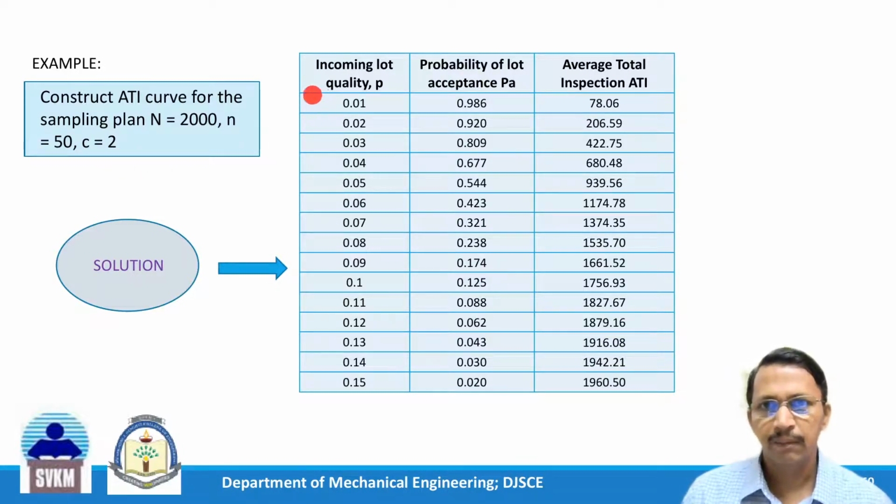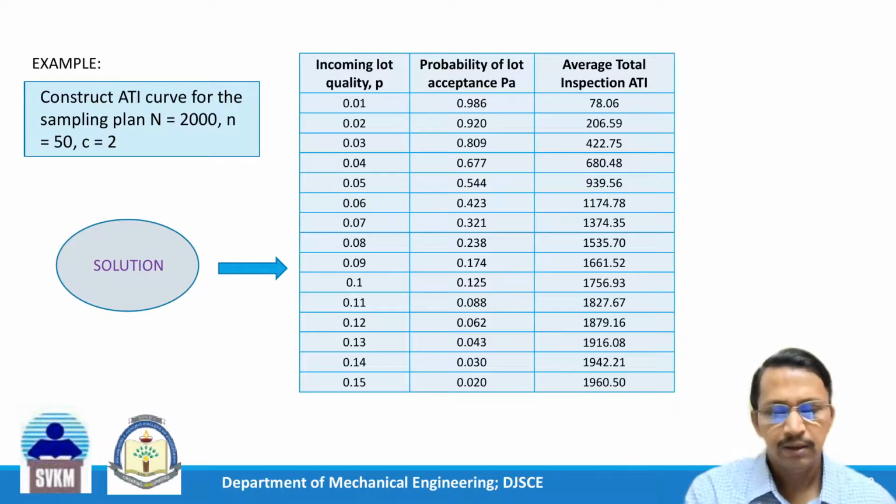You prepare the table: incoming lot quality, probability of lot acceptance. This is a single sampling plan, so you have only one probability, and the average total inspection, using the equation in the previous slide.